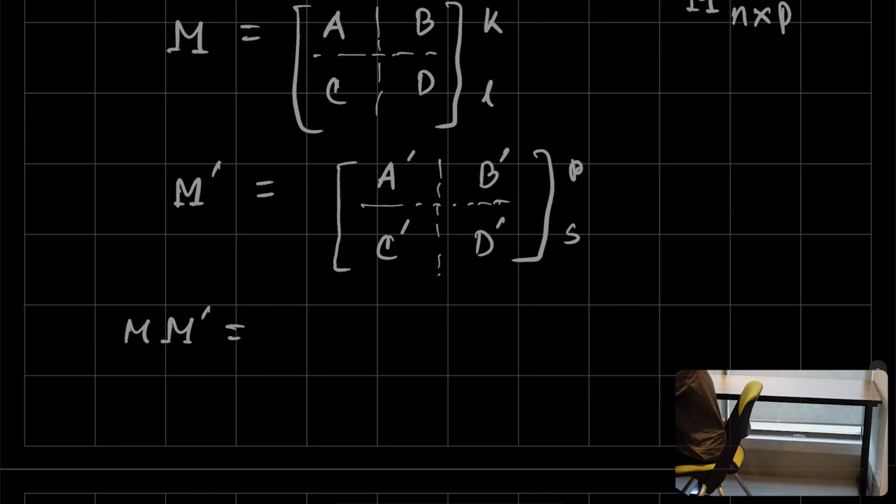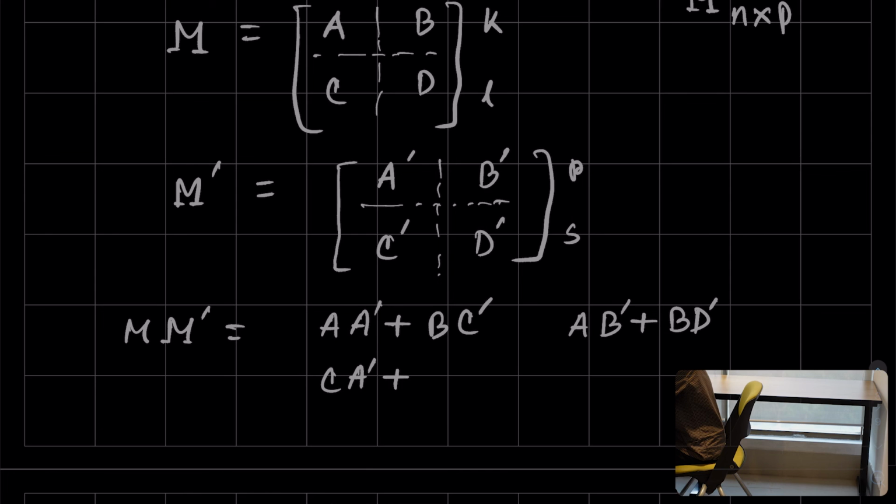The multiplication is A A prime plus B C prime, then A B prime plus B D prime, and C A prime plus D C prime, and C B prime plus D D prime.